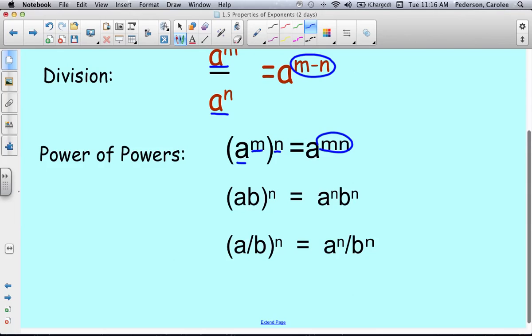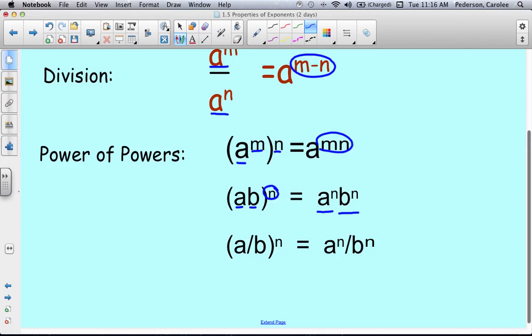The next property, you have different bases. Could be two terms in the parentheses, could be three terms or more. What you do is you distribute this power n into all of the pieces in the parentheses, so that you'd have a to the n times b to the n.